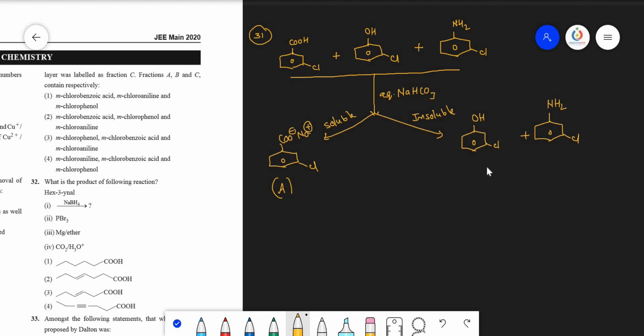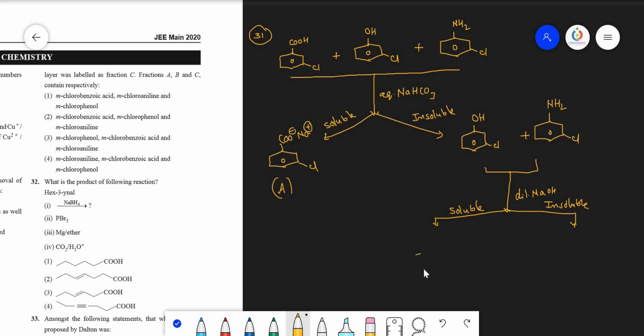Now these two combinations are subjected with the dilute NaOH. So when it is subjected with the dilute NaOH, only the phenolic part, because it is a weak acid and this is the base, they react with each other, so it is soluble and insoluble.